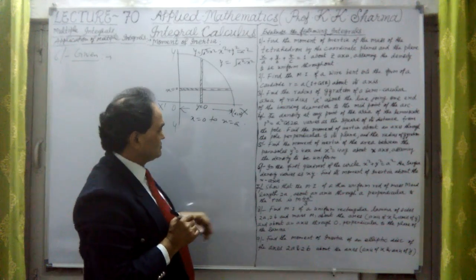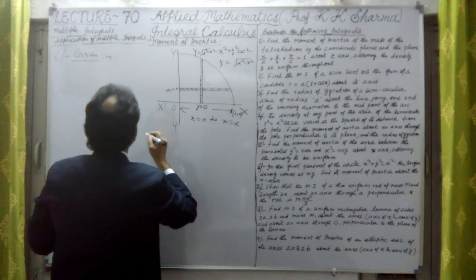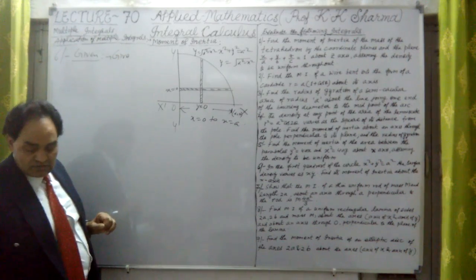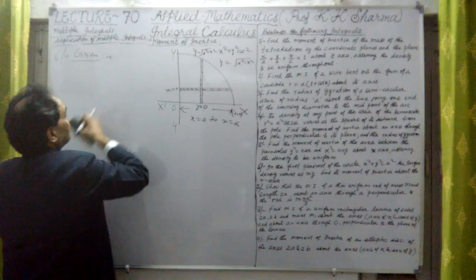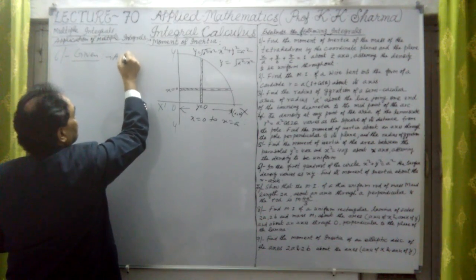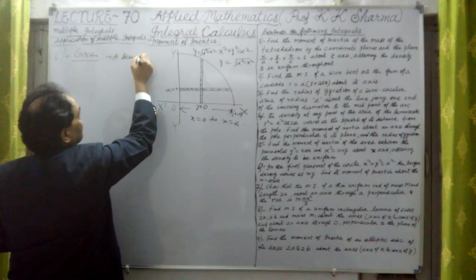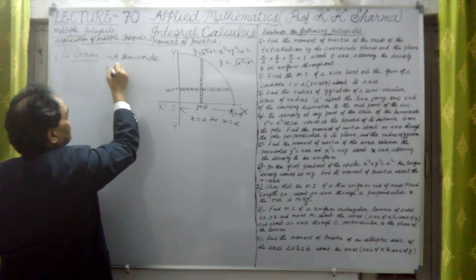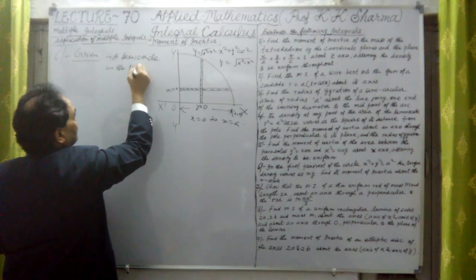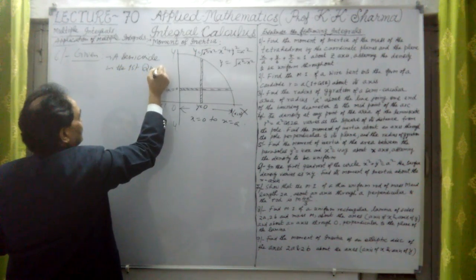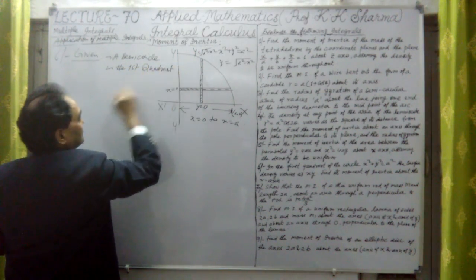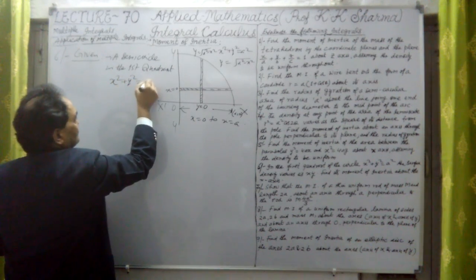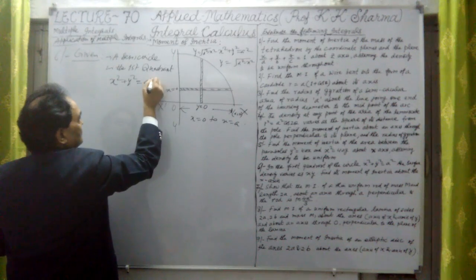Now we have to find out what is given. Let me write here: given a semicircle in the first quadrant, x square plus y square equal to a square.